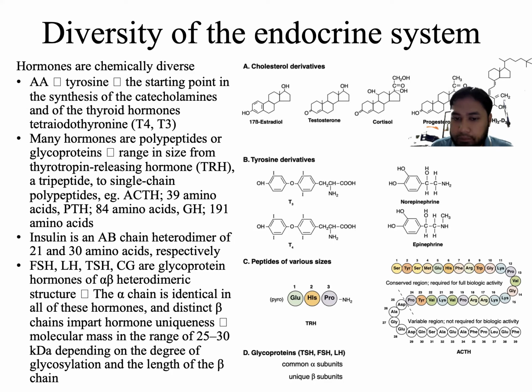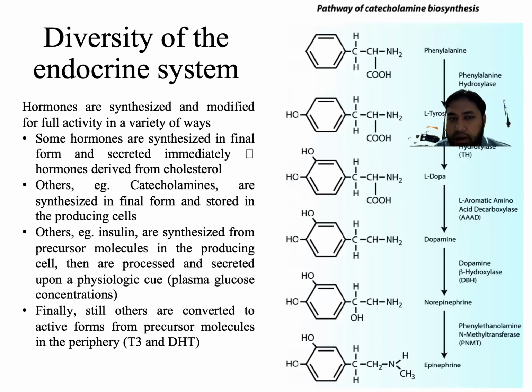Or for certain conditions, they can also choose to produce a longer chain of polypeptide. The final one, D, is the glycoproteins. You can see it includes TSH, FSH, and LH. So these are the diversity, the different types or different origins of the hormones.